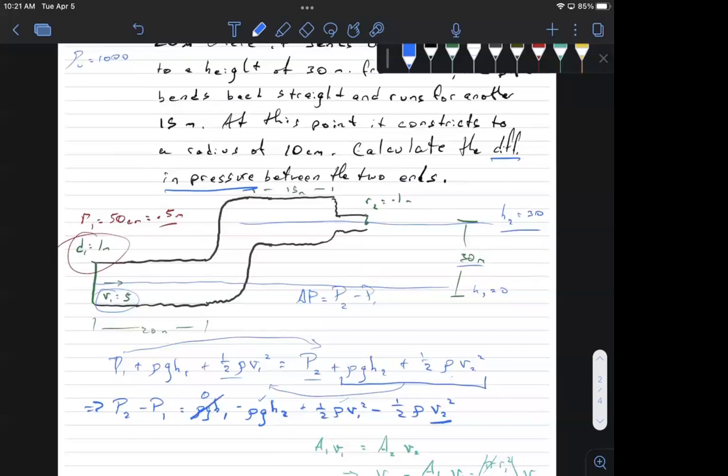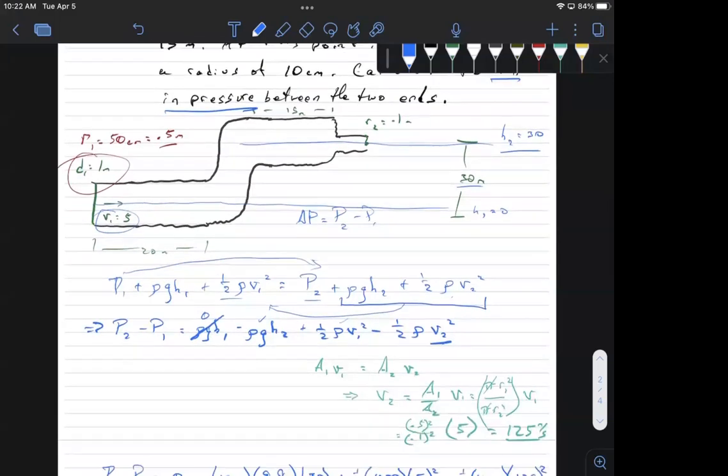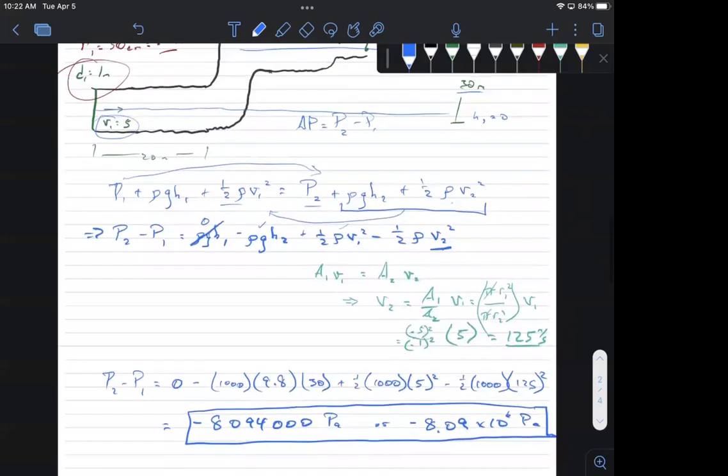Why might this be important? Well, let's say I'm designing an apartment building and I want to make sure that all the showers on all the different floors have good water pressure so the tenants aren't aggravated. And so I say, well, if I go up to this top floor, which is 30 meters above the bottom floor, and the pressure is this much less than the starting pressure, then I better make sure the starting pressure is big enough to allow the type of water pressure I want at the top.